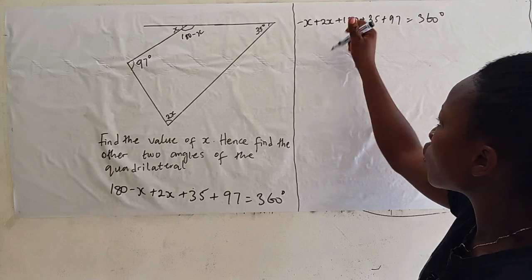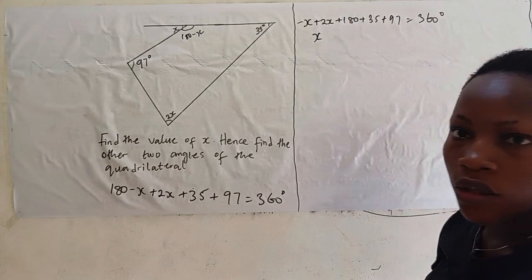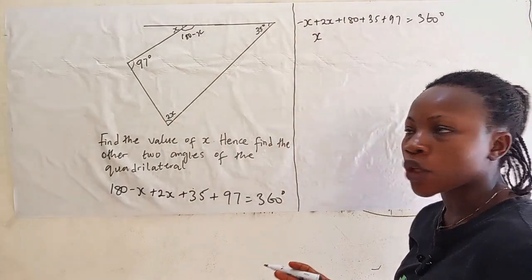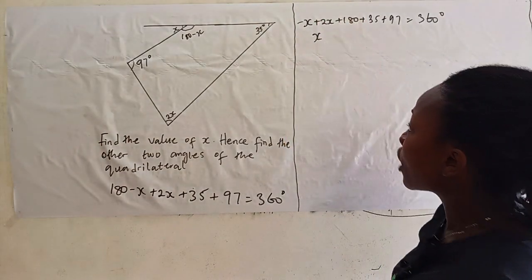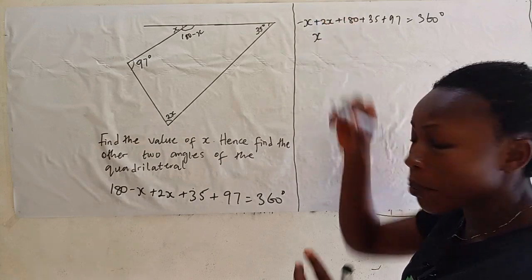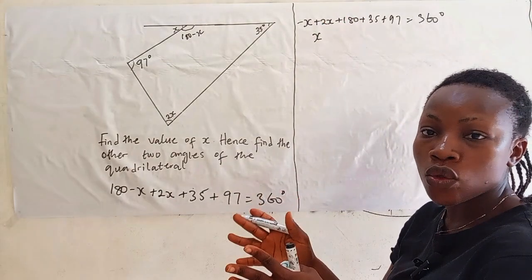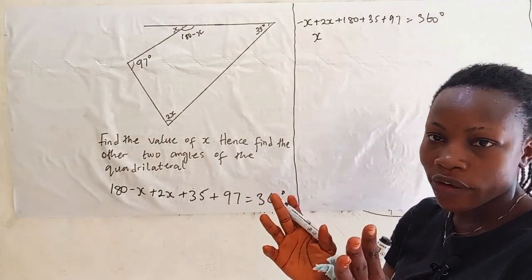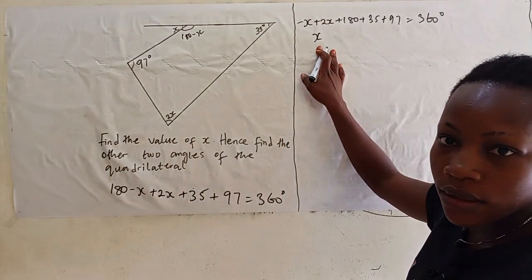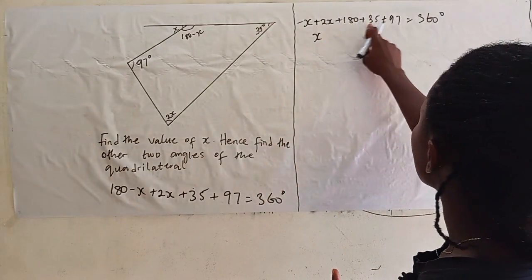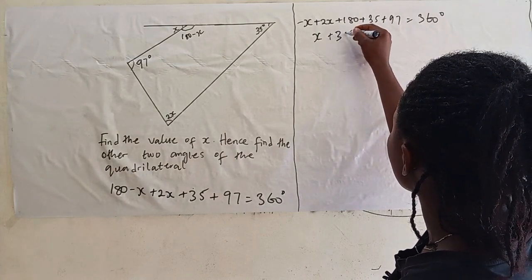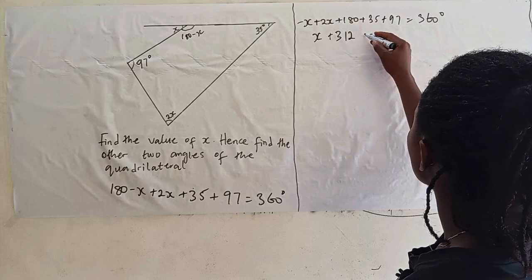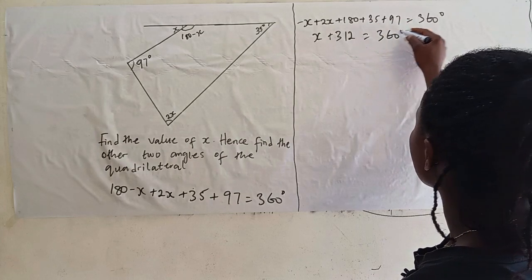So adding these two, we are going to have x, because this is minus 1, so minus 1 added to 2 is going to give us 1. So that one is 1x. All right, so adding these numbers together, we are going to have plus 312 equals 360 degrees.